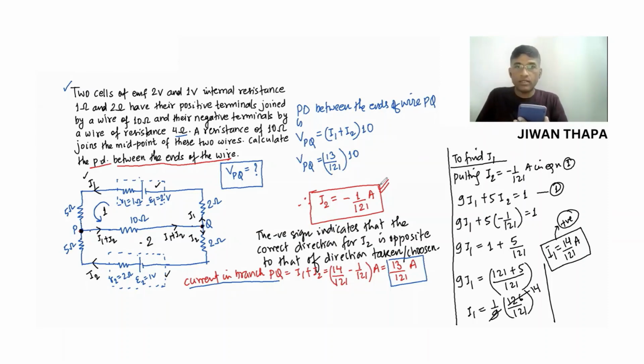So we get 1.074 volt, potential difference between P and Q. So this is the final result, okay?